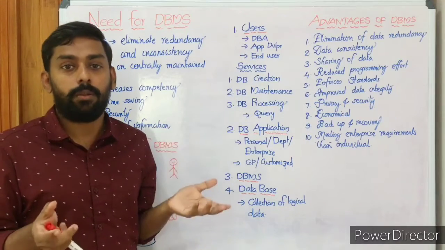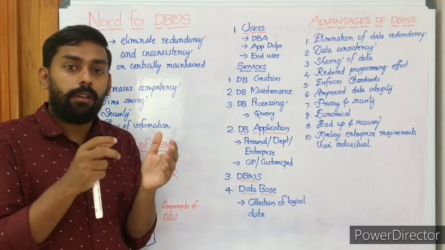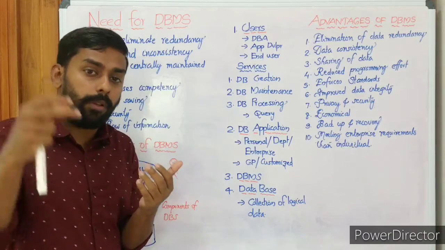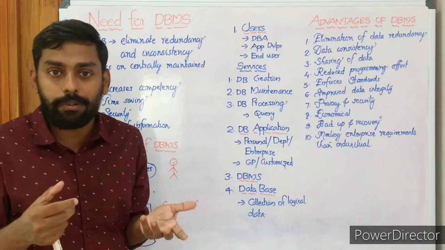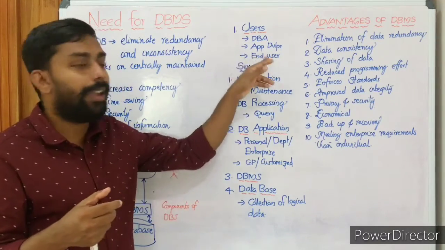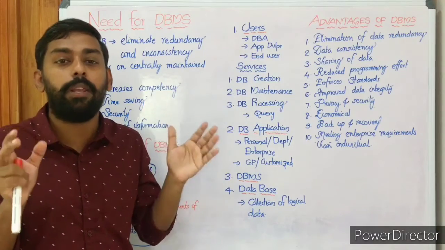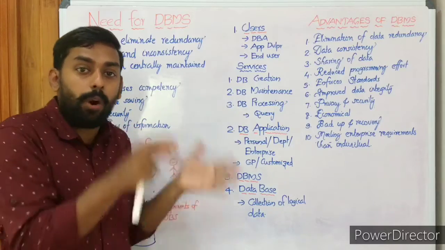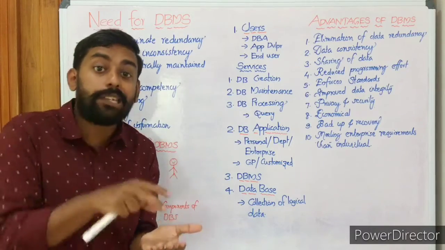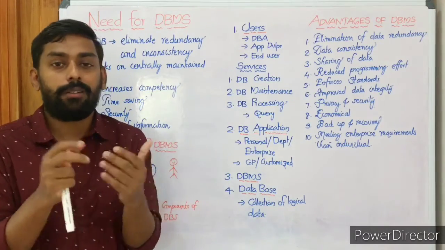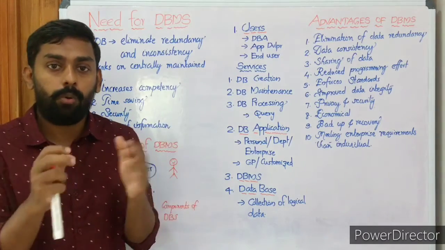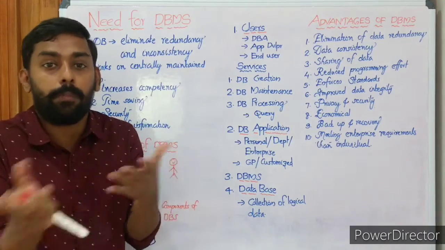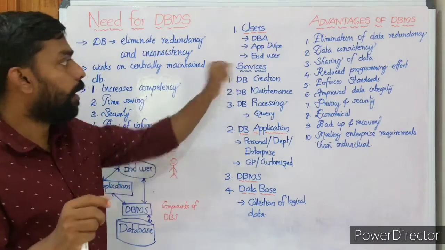Then the end user. Who is an end user? We all are end users. Actually we deliver the system or the program or the software to the customers, right? So they are the end users, who simply use the system without any understanding about what happens inside the machine or inside the database. They look at only the software part, how to use it for their purpose. That's what end users are.